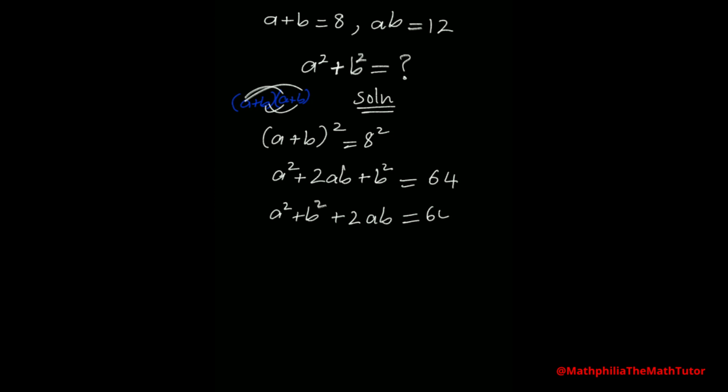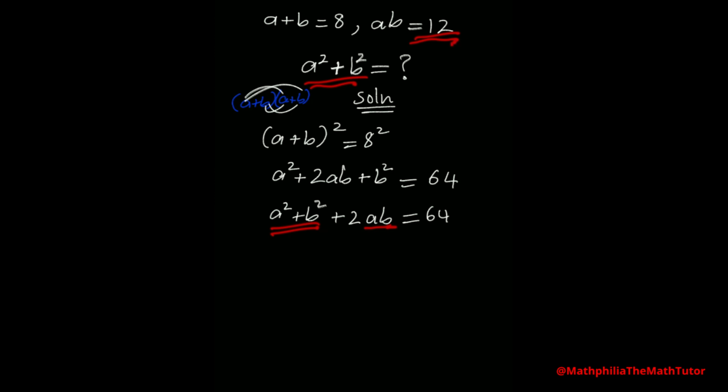So we can go ahead and substitute the value of ab, that is the product of a and b, in our equation to find the value of a squared plus b squared. But from here, let's substitute the value of ab into our equation. ab is equal to 12.